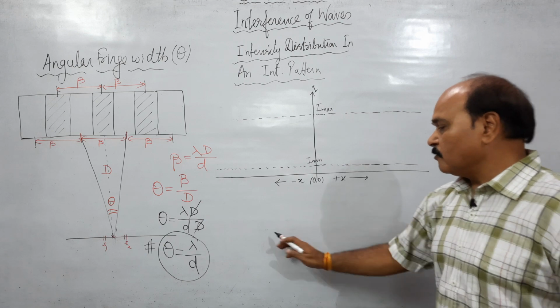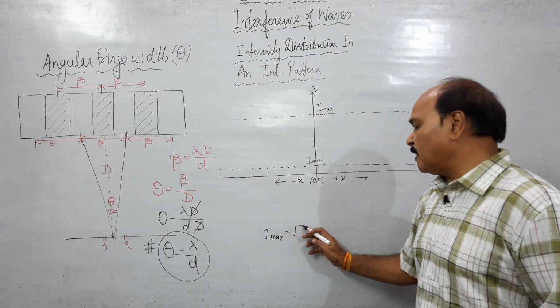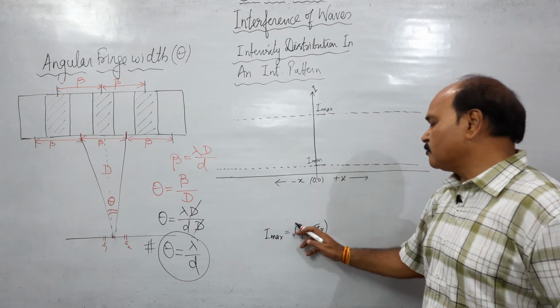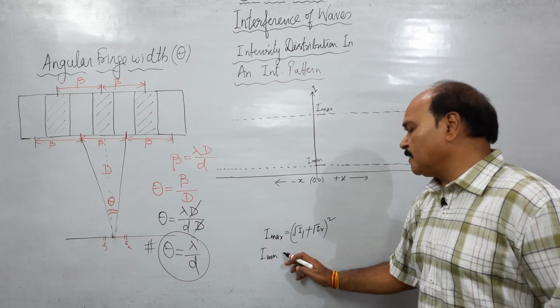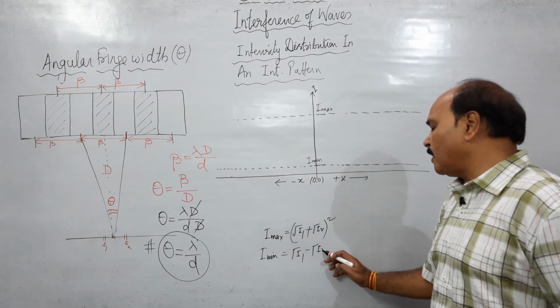We already know what I maximum and I minimum are. I maximum is equal to root I1 plus root I2 whole square, and the minimum value of intensity in an interference pattern is root I1 minus root I2 whole square.